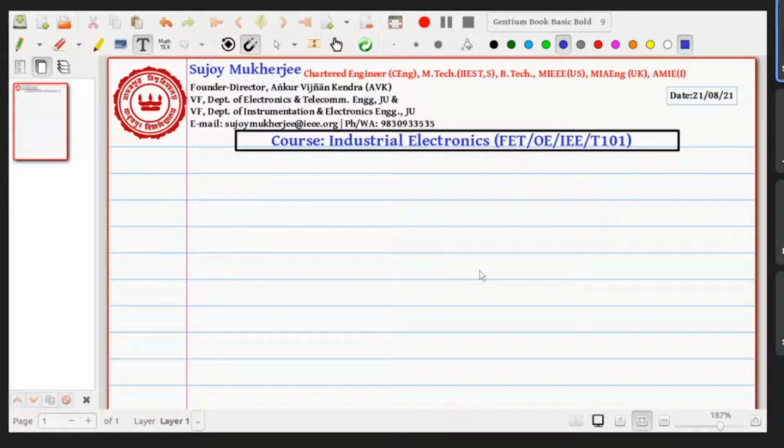So in this case, we will talk about the class of devices characterized as special semiconductor devices or power semiconductor devices, where we talk about this particular group known as SCR, that is the silicon controlled rectifier.